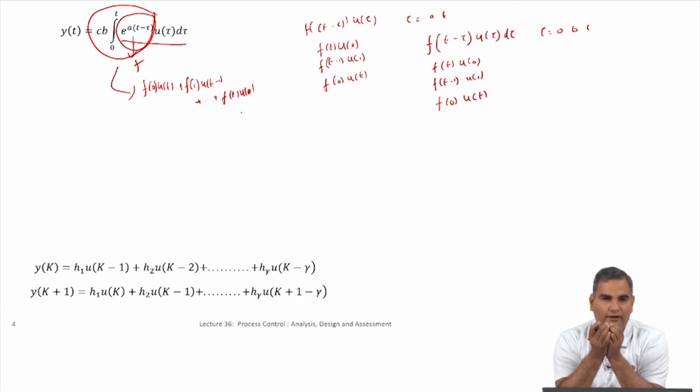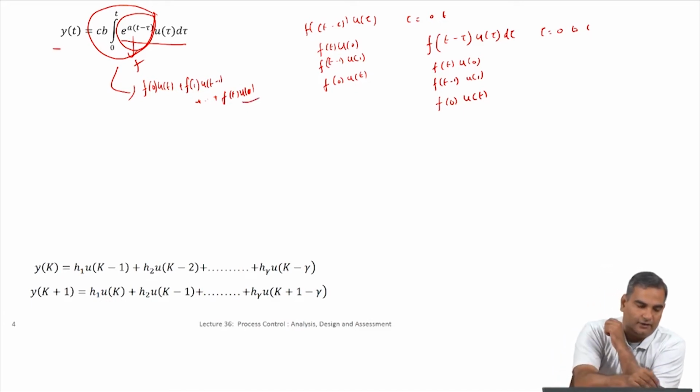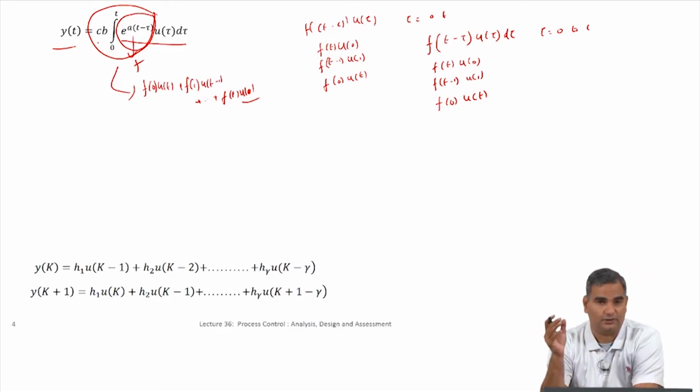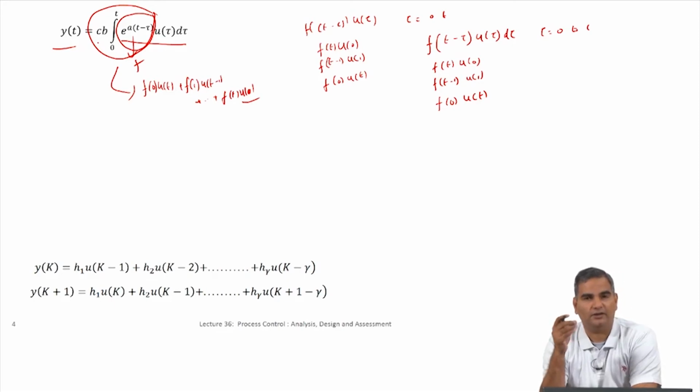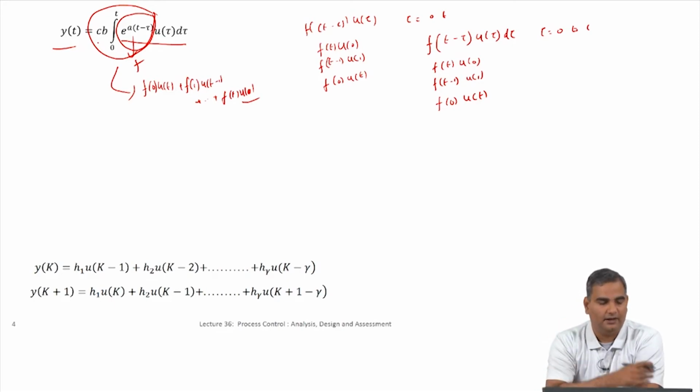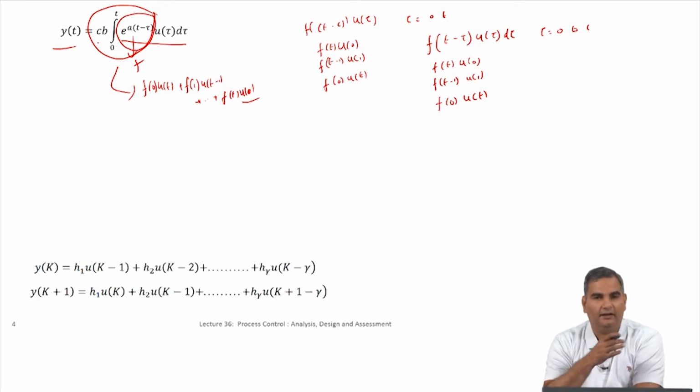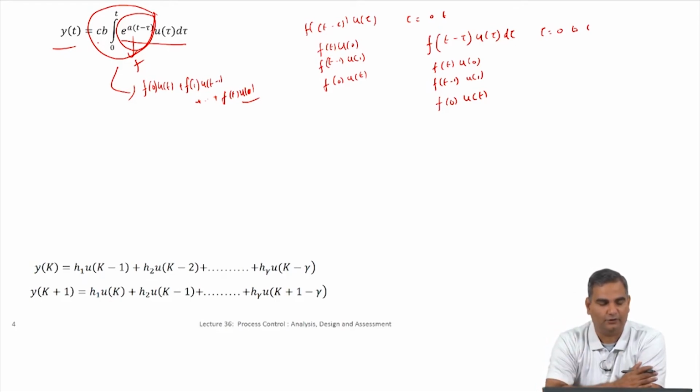So, every control move has an effect on the output. Whatever you have done in the past also has an effect on the current situation that you are in. All the control moves that you have made in the past have an impact on the current output, and depending on how far in the past you made that move, there is a corresponding weighting that goes with that.